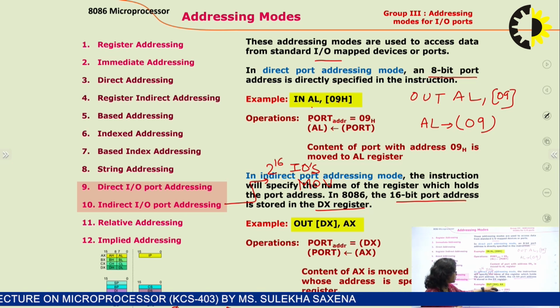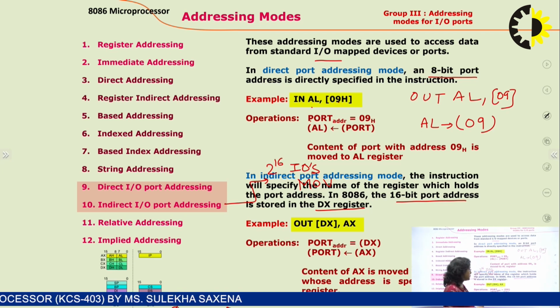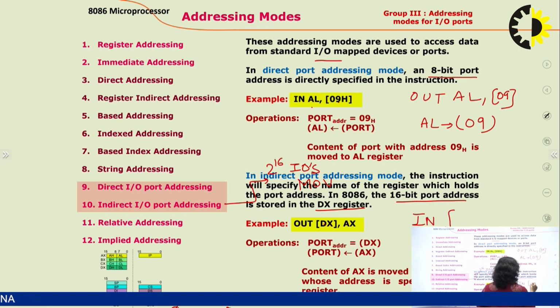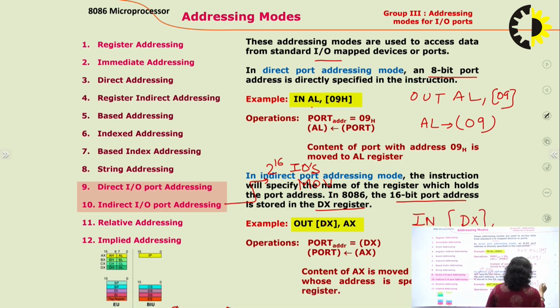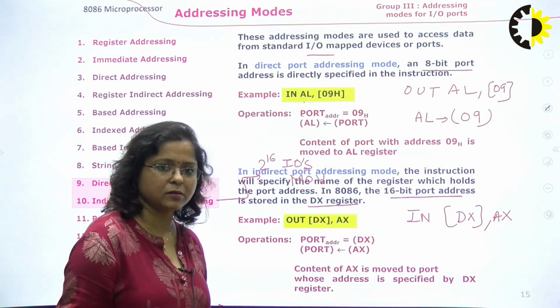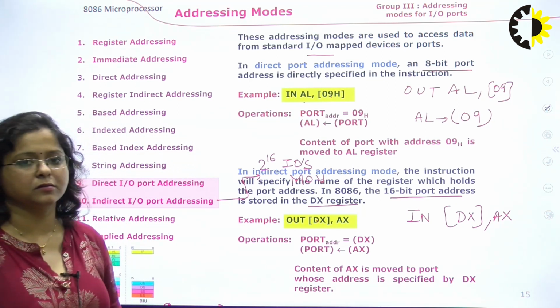For example, in case of OUT DX, AX, this instruction copies the value of AX to port address DX. Whereas, if we write IN AX, DX, this instruction copies the value from the port address specified in DX to AX. So, the content of AX is moved to port whose address is specified in DX and vice versa.